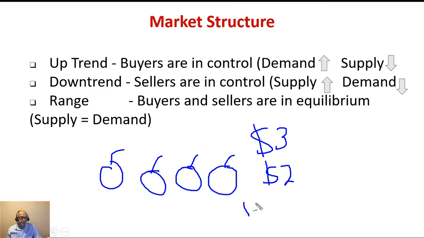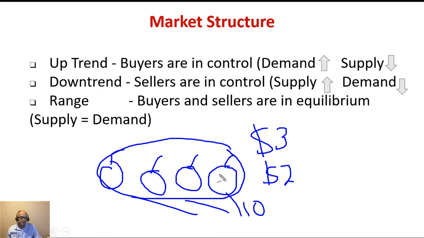So if you have 10 people who want to buy, and I have only four apples, what do you think is going to happen? They can increase the price. They're going to say, okay guys, you are 10 and I have only four apples, so who's going to pay more? That's just a rough idea about supply and demand.